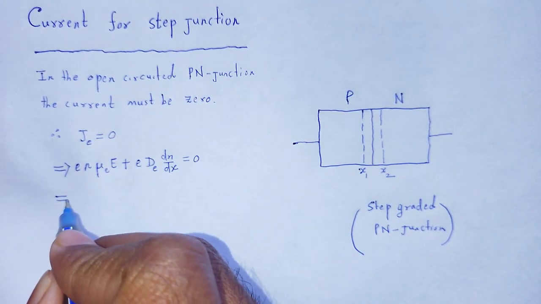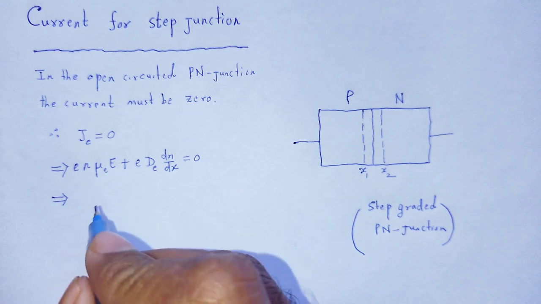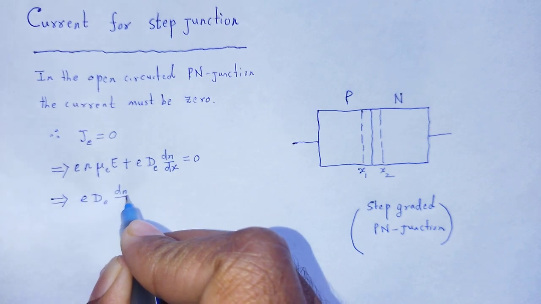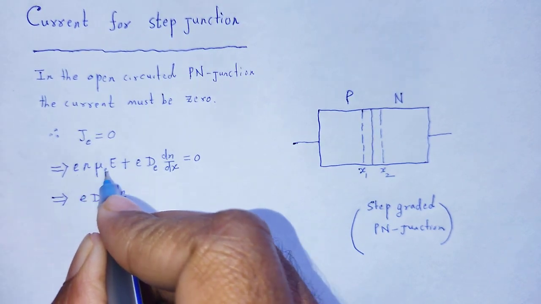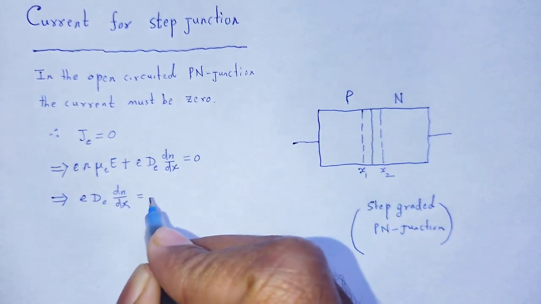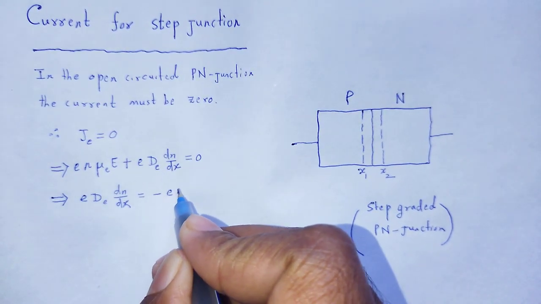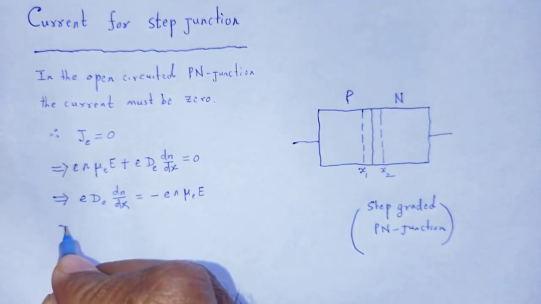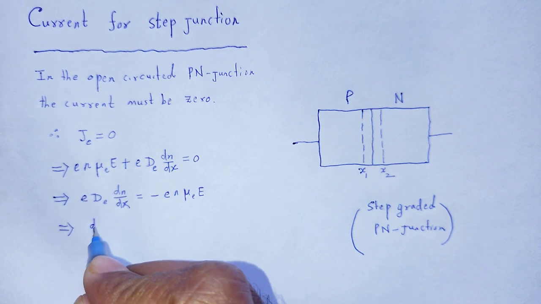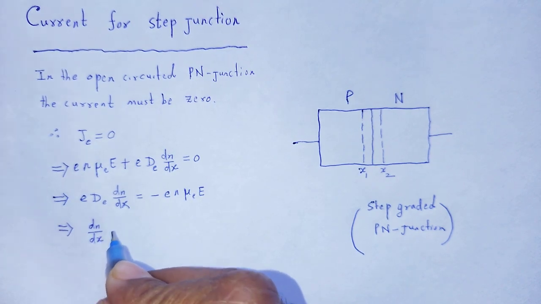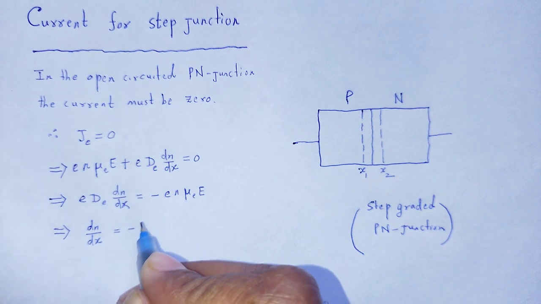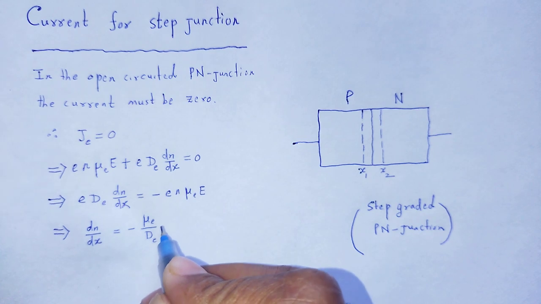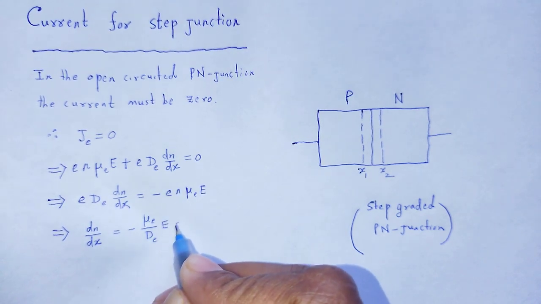Which implies e D e dn by dx, moving that term to this side, equals minus e n mu e E, which implies dn by dx is equal to minus mu e divided by D e times E times n. Let this be equation number 1.